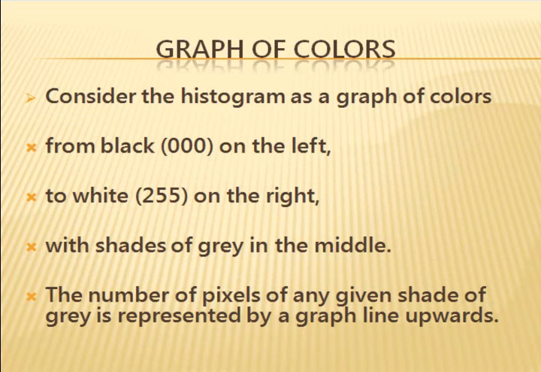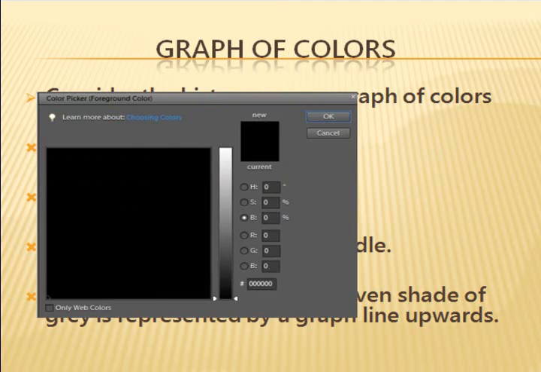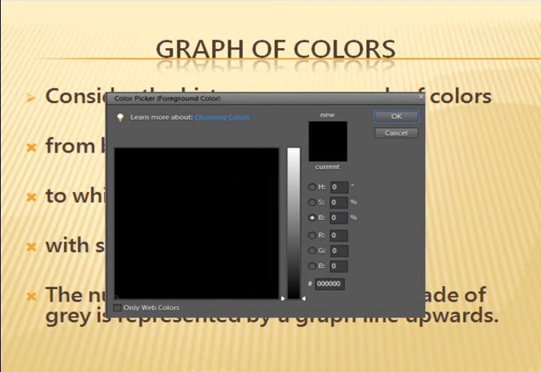Let's consider the histogram and learn a little bit more about it. The histogram is a graph of colors. This graph on the left starts with black pixels, and if you recall in Photoshop Elements, the color picker, and if you click, you see this has got a dot on the B for brightness, so this slider here is the brightness slider.